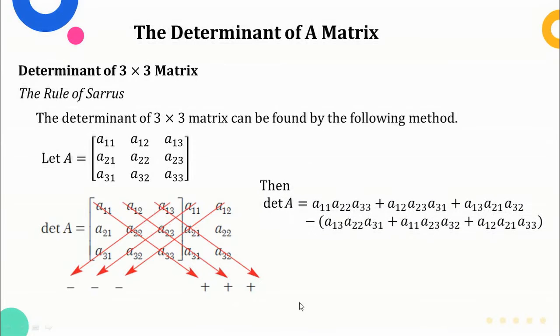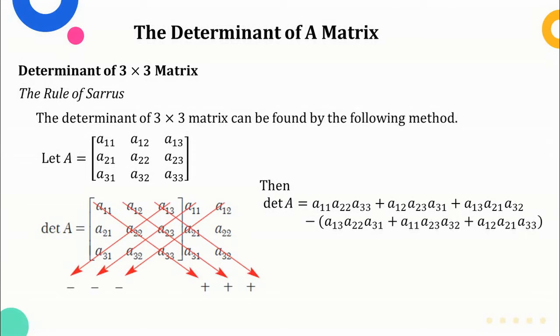Then the minus terms come from the top right to bottom left, and you can group them together as minus, open bracket, until close bracket. Okay, so this is the rule of Sarrus.